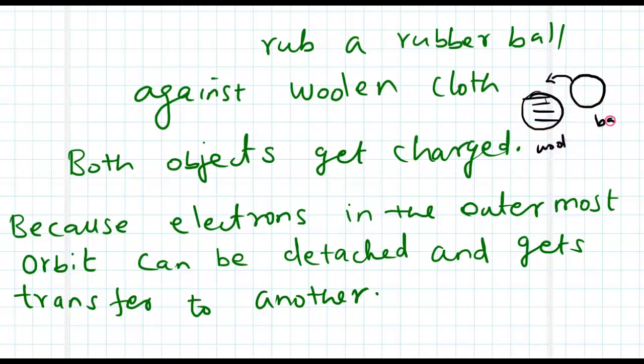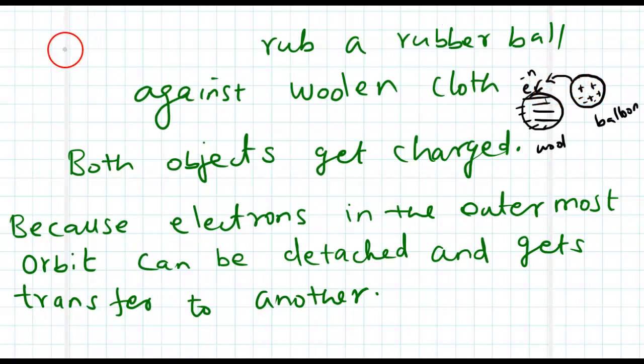So the wool receives electrons, and as it receives electrons, the majority of the charges will be negative. The balloon loses electrons, so the majority will be positively charged. There will be some negative charge, but the majority will be positive because the electrons are being transferred.